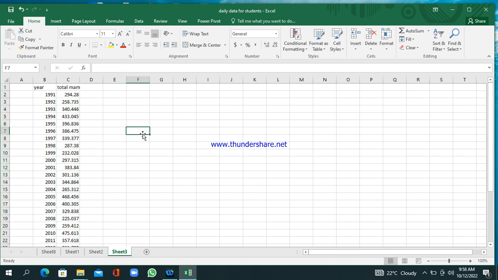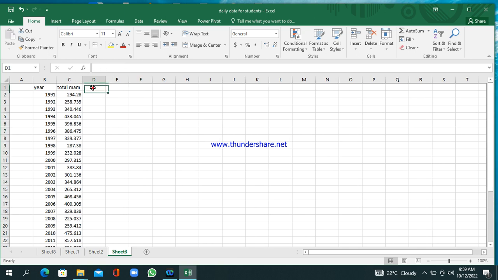These are the totals. So before identifying the wet condition and dry condition, I have a formula. The formula is the total precipitation, that is P minus P mean, divided by standard deviation.